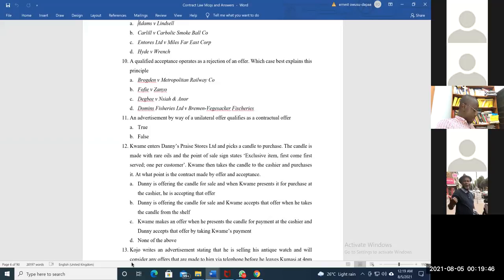In that particular case, they requested if there would be a moratorium because they had already agreed to buy a ship, and per the agreement they were to pay in installments. Per that new agreement, they requested if there could be a moratorium before they start paying in installments. The other party construed that request to mean a counteroffer, and the court said that is not a counteroffer.